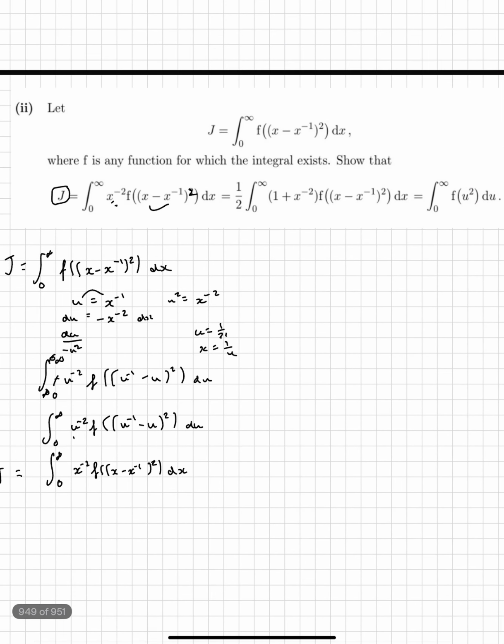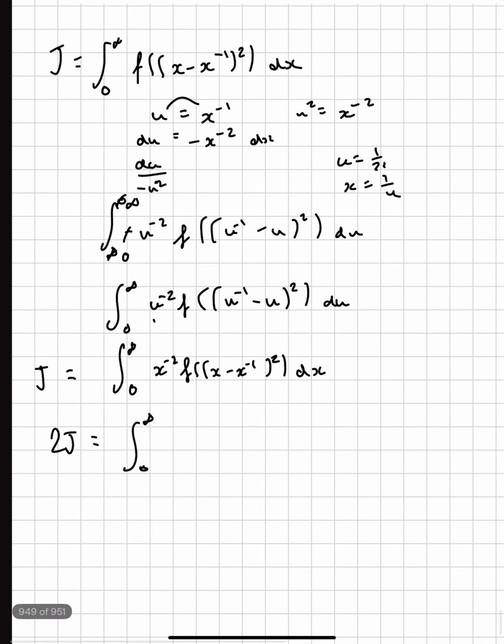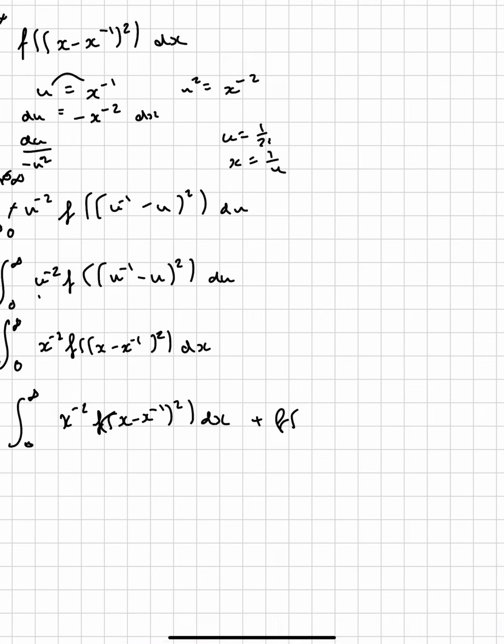For this next part, there's one thing that instantly stands out, which is the half. From that, what I'm thinking of is we've got two solutions for j. When I was first doing this question, I thought, okay, we add them together. That gives us that 2j is equal to the integral between 0 and infinity, and we can just add these two: x to the minus 2, f of x minus x to the minus 1 squared, plus f of x minus x to the minus 1 squared, and I'll put the dx at the end.